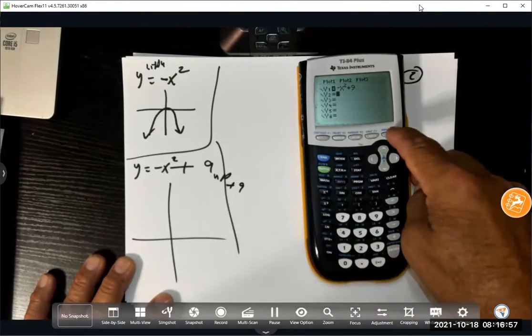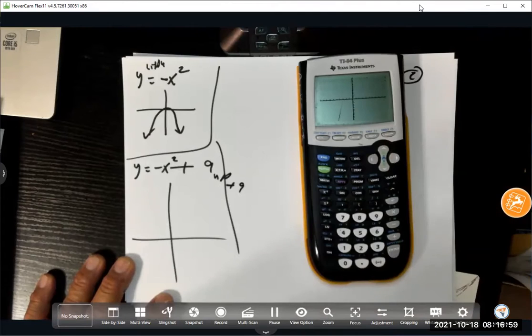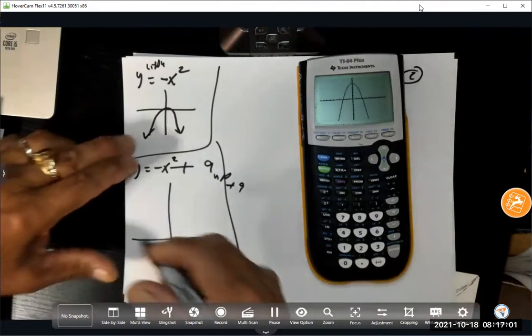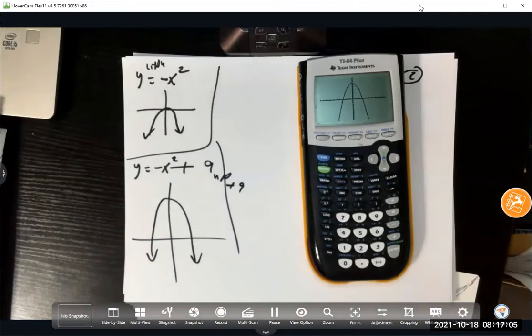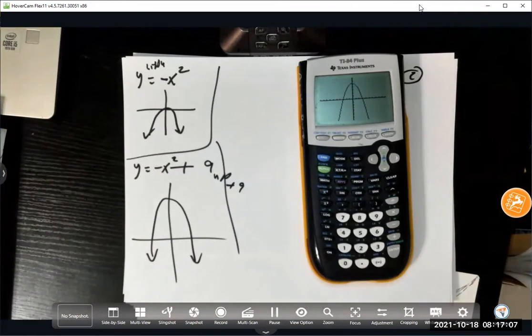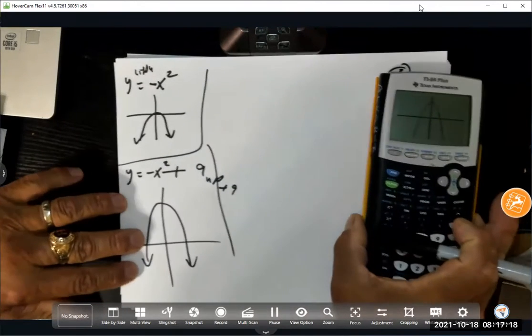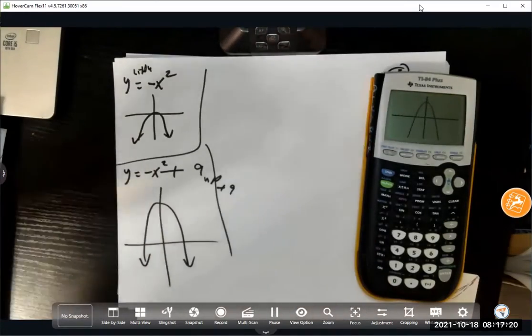Enter. Ready? Hit graph. All right, it's upside down, but it's way up here somewhere at the top. Did you get a graph like this? Yes or no? Yes, I did. All right. Success.